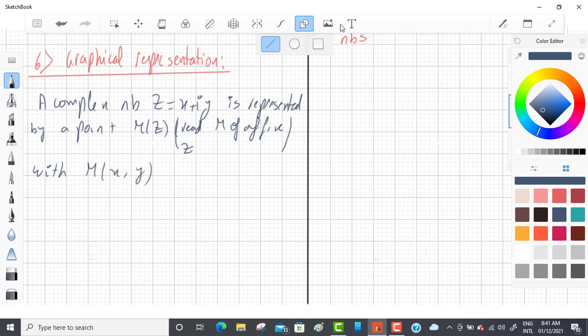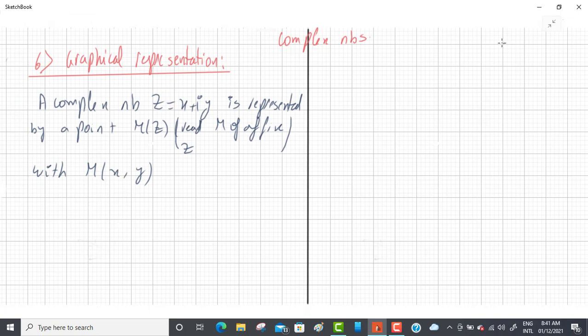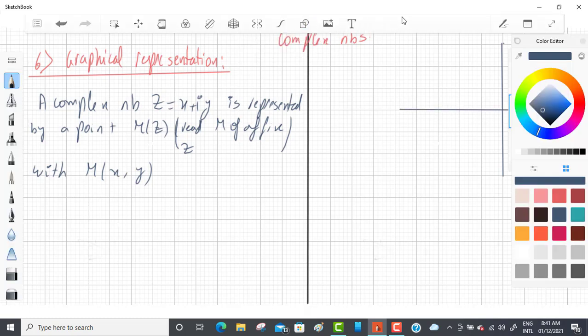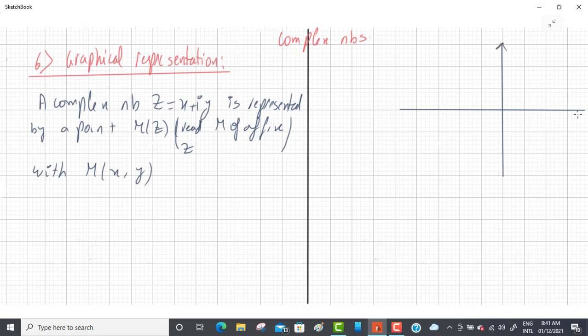So if you want to represent a complex number graphically, it is represented by a point, where the real part is the abscissa and the imaginary part is the ordinate.